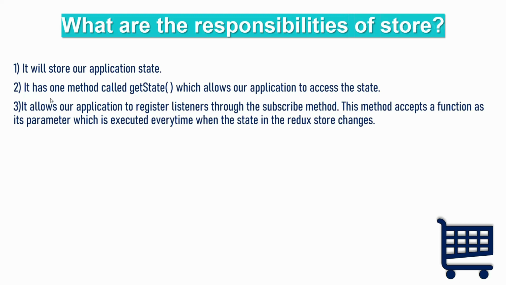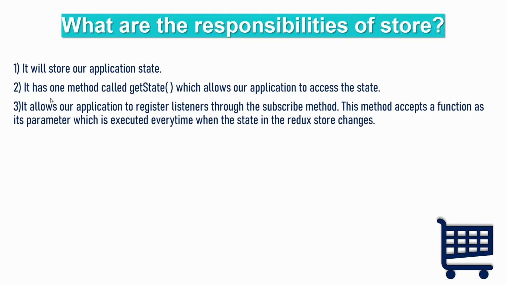And inside the store, we are having one method called subscribe method. And this method will be accepting function as its parameter. This function will be executed whenever we do any changes in the store. So basically, if we have subscribed, whenever I upload the video, you will be getting the notification.